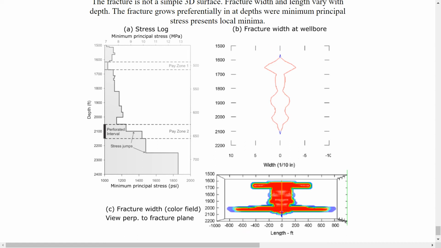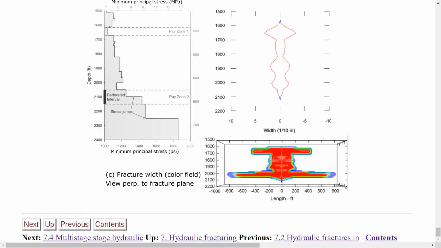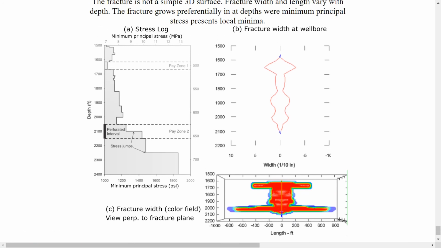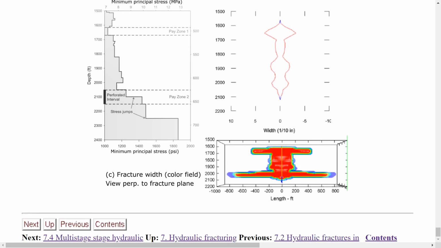And it is also in those locations where the fracture is going to be the longest, because width and length are more or less related. The bigger the width of your fracture, in general, the longer it's going to be. And so these two regions of low stress are the two regions where the hydraulic fracture is the longest.